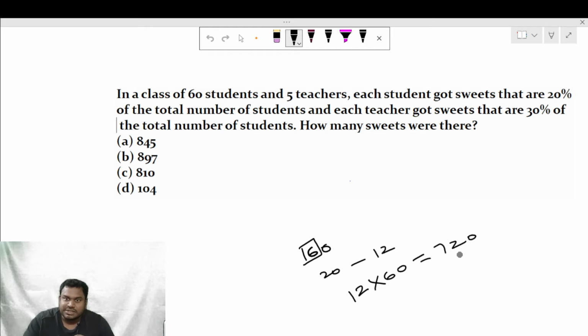So 720 sweets were got by students. And then each teacher got sweets 30%. 30% of what? Total number. 10% is 6, 30% is 18. But how many teachers are there? 5 teachers. 18 into 5 is 90. So 720 plus 90 is 810.